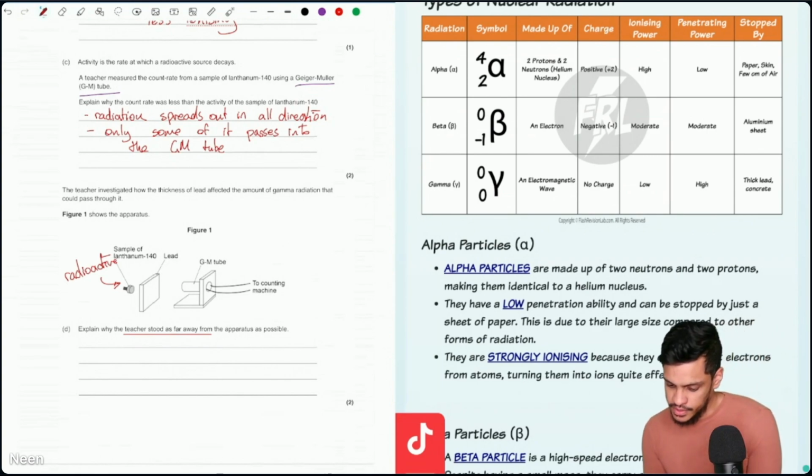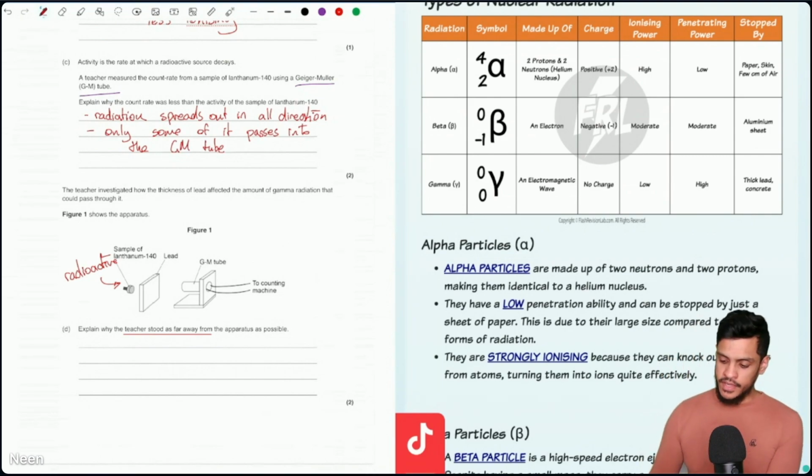So the teacher is investigating it, carrying out the experiment. They had to stay as far away as possible because they want to reduce the amount of radiation that hits them, so that they're not exposed to it.